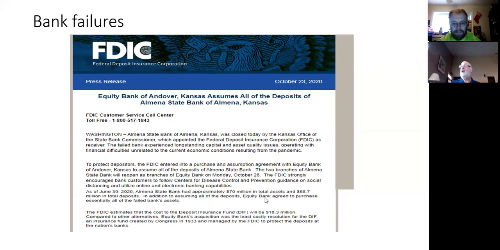So in looking at this, they did not get $70 million for the assets because there's only $68.7 million in deposits. If they lost $18 million, they probably only got about $50 million value for the assets. So in this case, the FDIC loses $18 million it has to pay out on a $70 million bank.